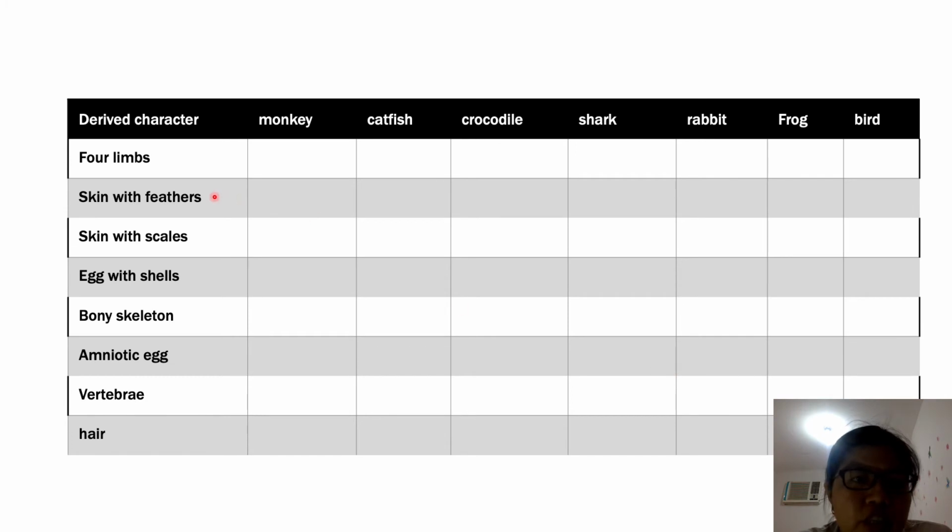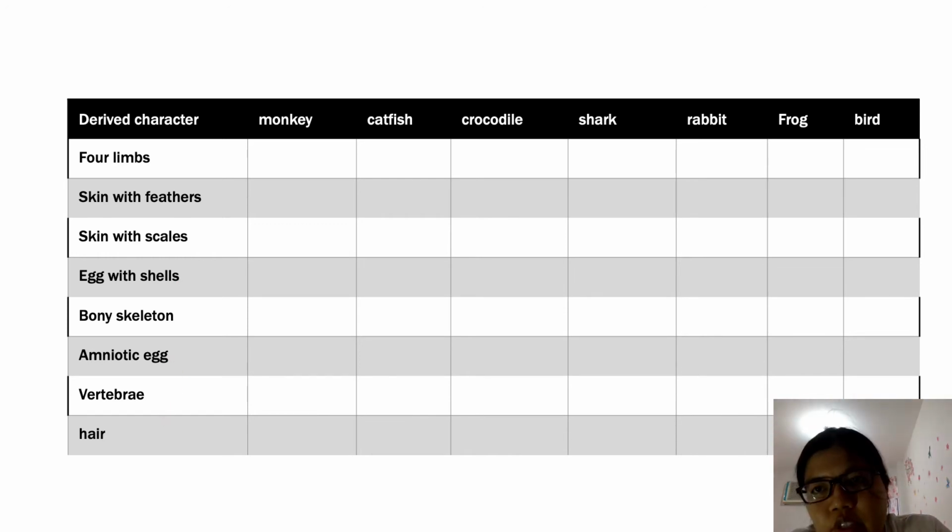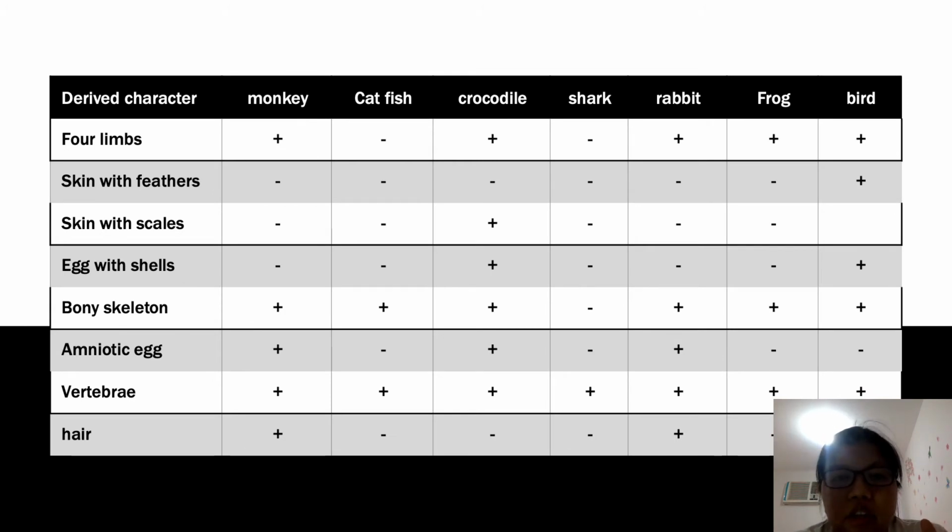So forelimbs, skin with feathers, skin with scales, egg with shells, bony skeleton, amniotic egg, vertebrae, and hair. So when we fill out this table, we can have this table. So we have the forelimbs from monkey, crocodile, rabbit, frog, and bird.